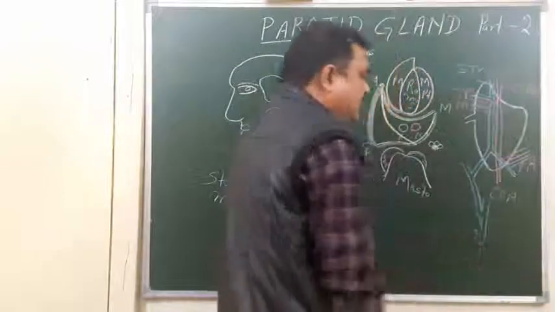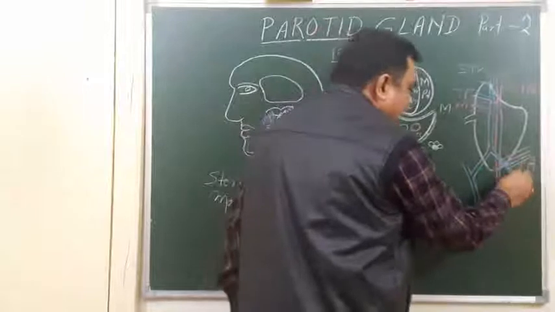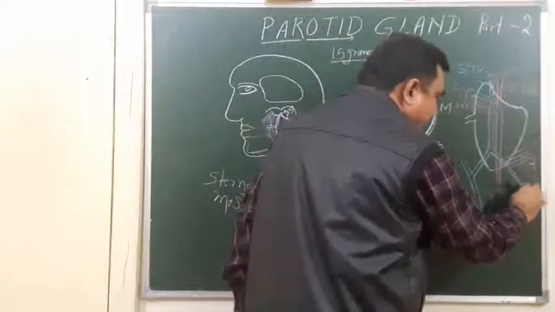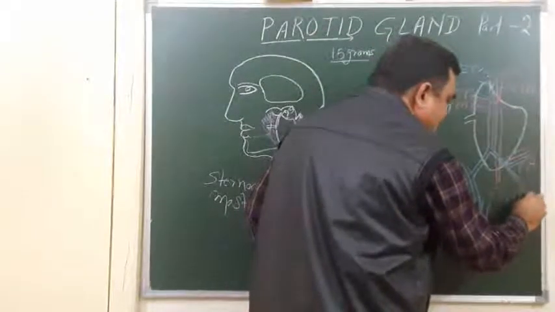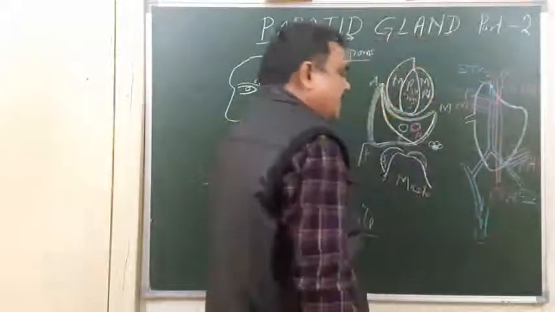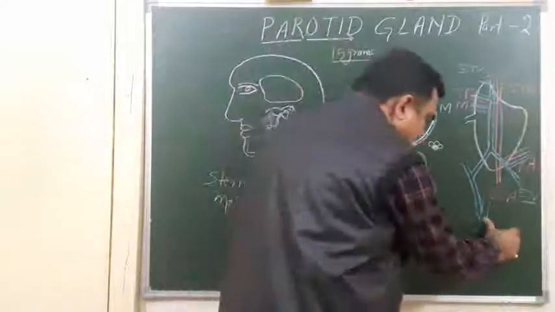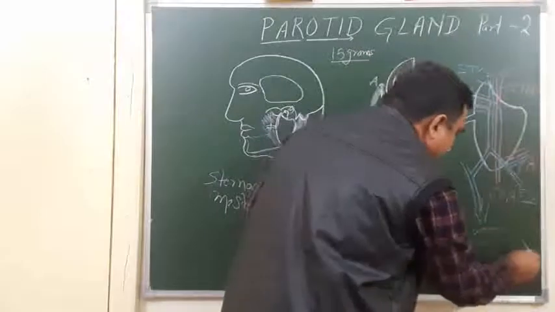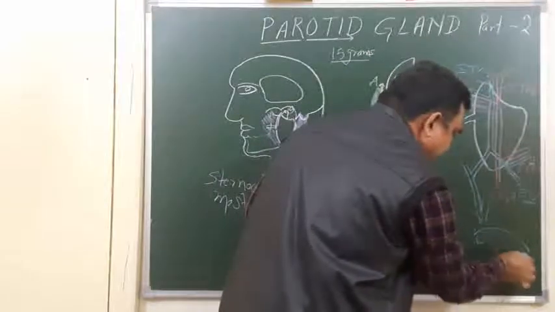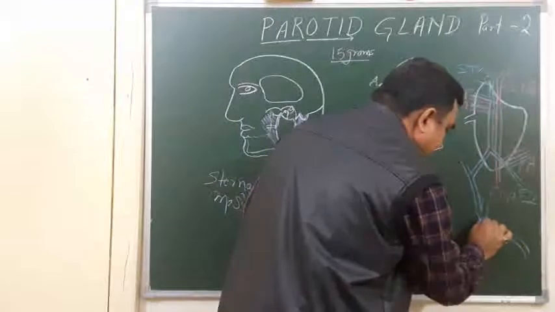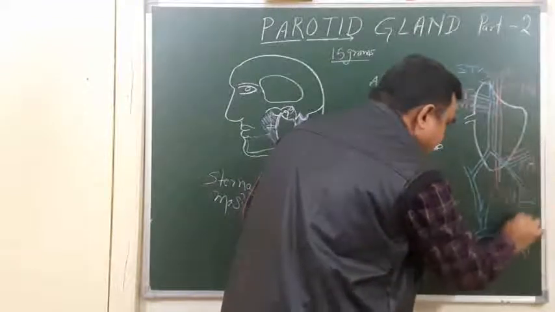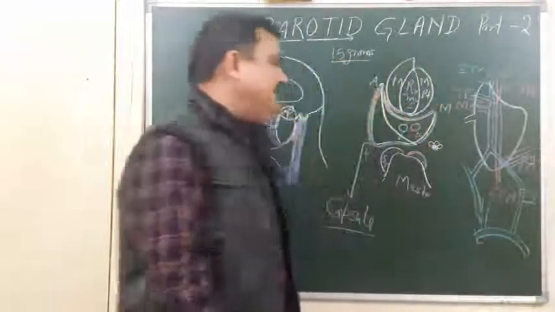It joins with the posterior division and forms the external jugular vein. So the internal jugular vein and external jugular vein both open into the subclavian vein.